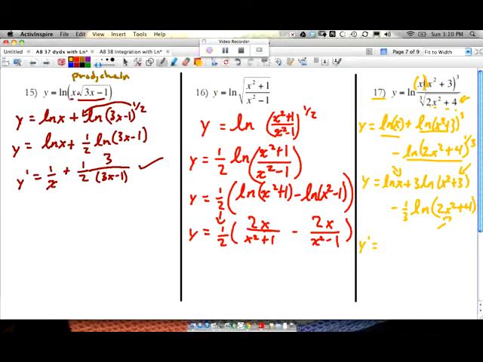So y prime, the first term, natural log of x, becomes 1 over x. The second term is going to be a fraction here. We have the constant multiple 3, so we'll have that 3 there. Then, it's going to have the original on the bottom, x squared plus 3, times the derivative of that on top, which is 2x.